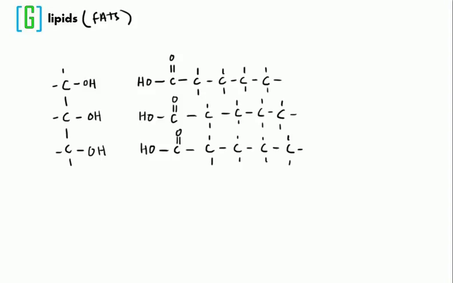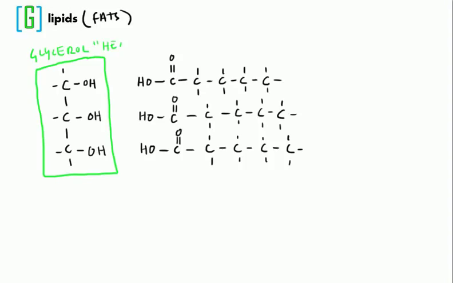Now, in different colors, I'd like to kind of talk about what we just drew. This chunk of what you drew over here is known as a glycerol molecule. So we'll call this glycerol, and it really makes what's typically known as the head of a lipid. Okay, so this is the glycerol head of a lipid.